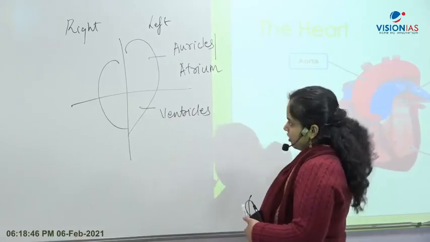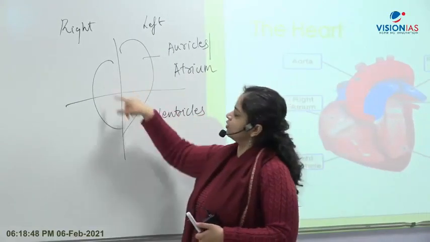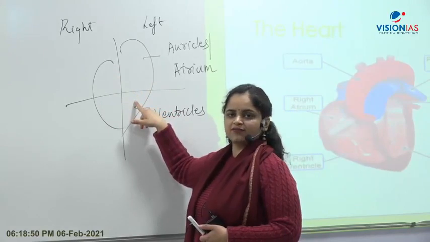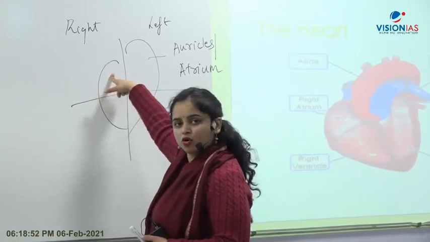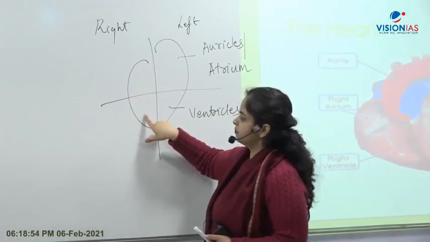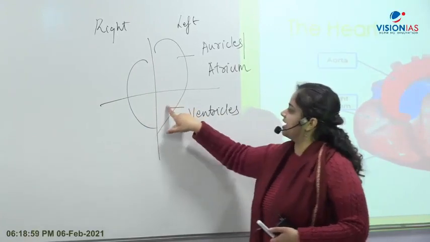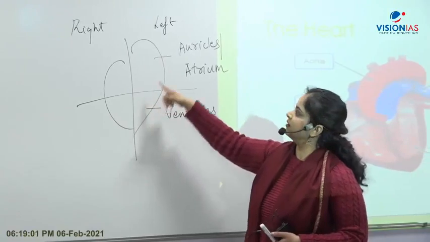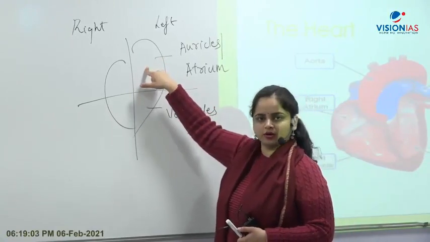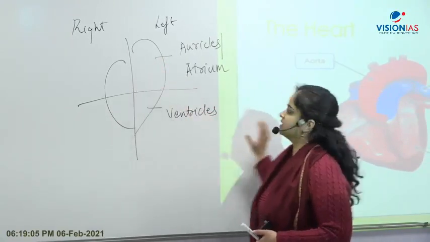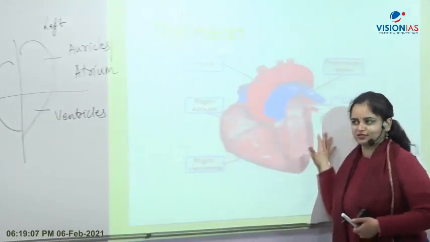Now based on this, we can call each of these based on left or right. So this is the right auricle, below it is the right ventricle, then here we have the left ventricle and the left auricle.